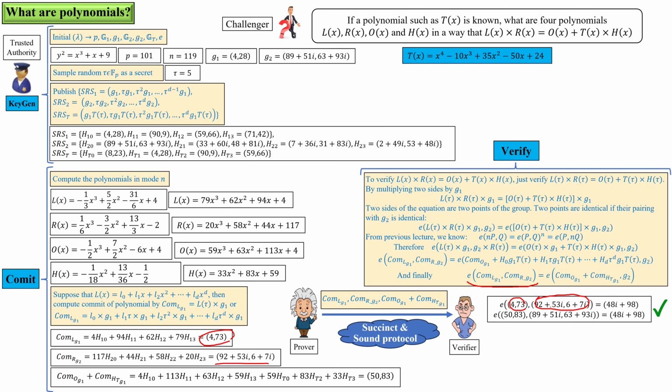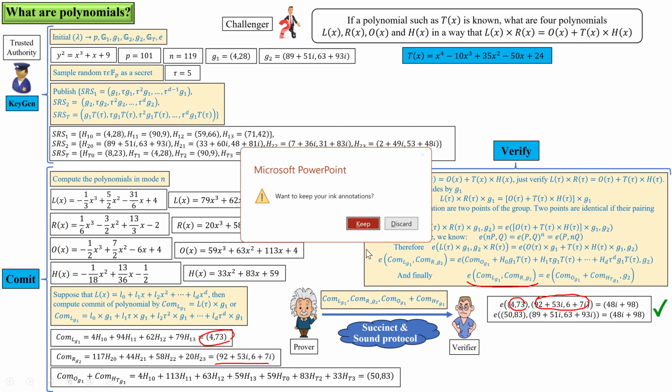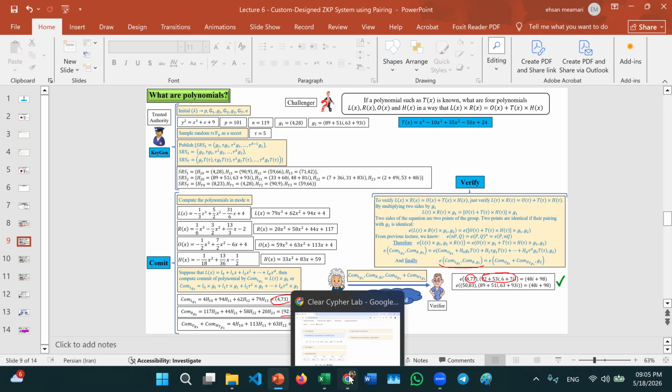If you remember, this pairing was actually the pairing that we computed in the previous lecture. If you recall, we computed the pairing of these two elements, and it was 98 plus 48i.